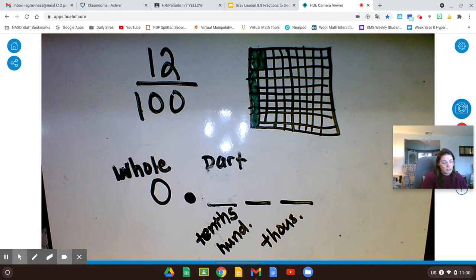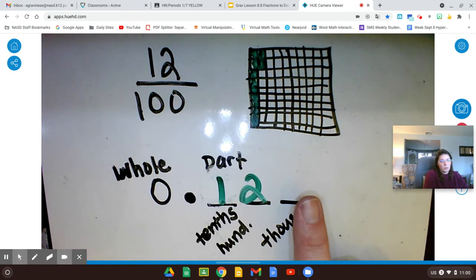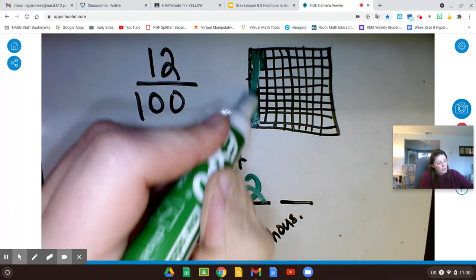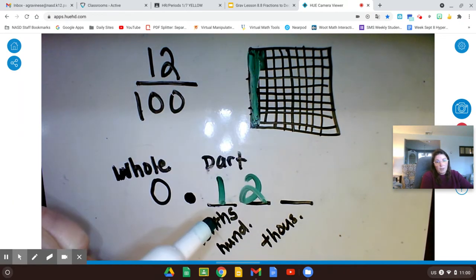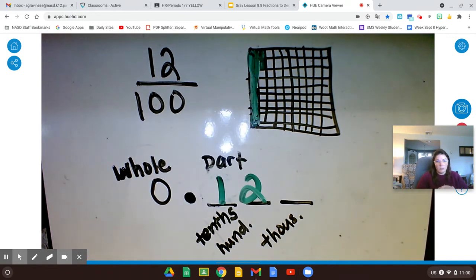To write this as a decimal, I need to use the hundredths position, which is the second number. I don't want to go beyond it because I only have hundredths. So I put my 12 in up to the hundredths. In other words, one whole column, which is a tenth, is shaded, and then I have two little extra pieces in the hundredths. Okay, so that's 12 hundredths.